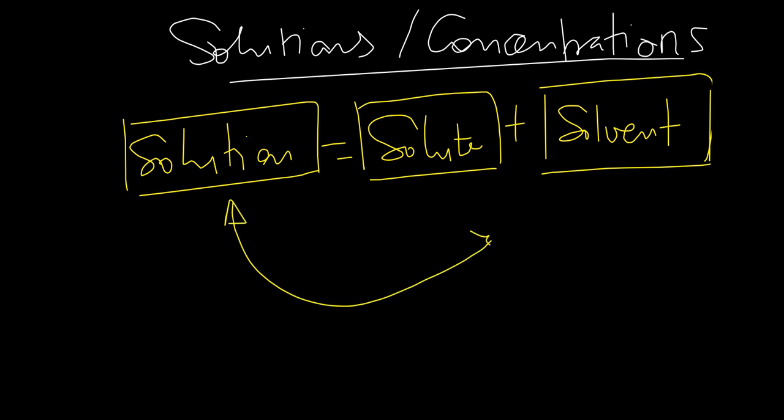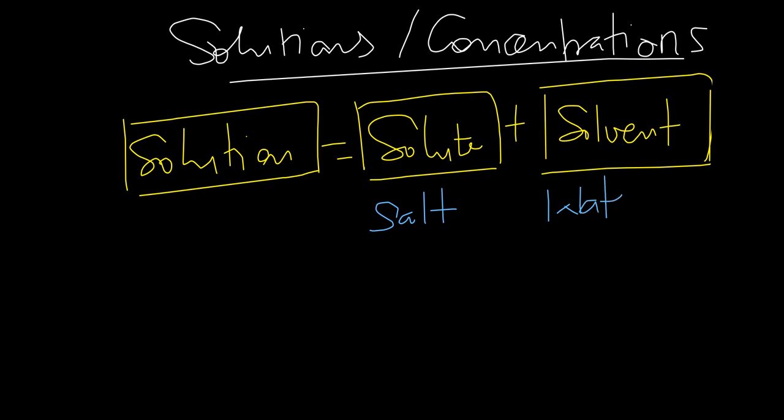Example of solute is, let's take salt, the solute. That's solid that will dissolve in liquid. An example of solvent is water. Usually, it's water we'll be using for our solvents.